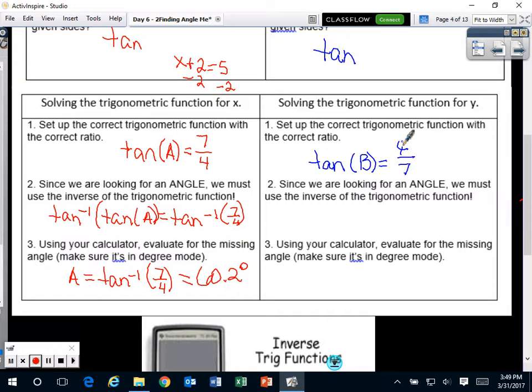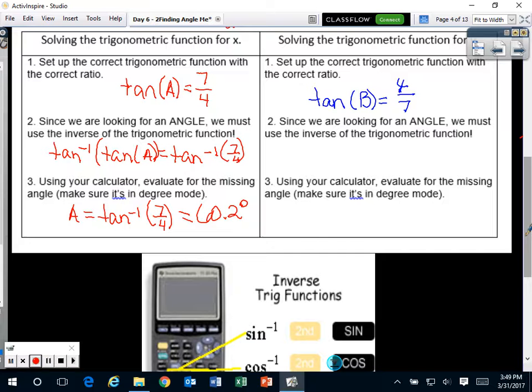Sorry about the handwriting. All right, so now that we've got it set up, we've got to solve it. We've got to get that B by itself. So again, the opposite of tangent is tangent inverse. And when we work with sine and cosine, the opposite of sine is sine inverse, and the opposite of cosine is cosine inverse.